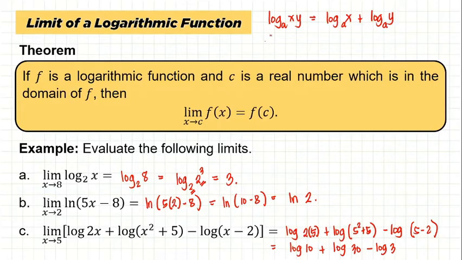And we also have log of x over y with the base a is just the same as log of x with the base a minus log of y with the base a.